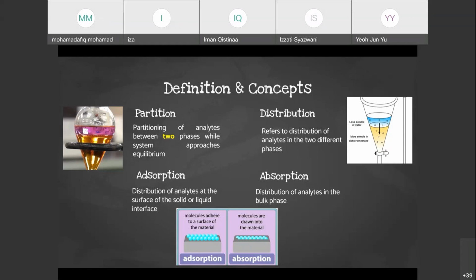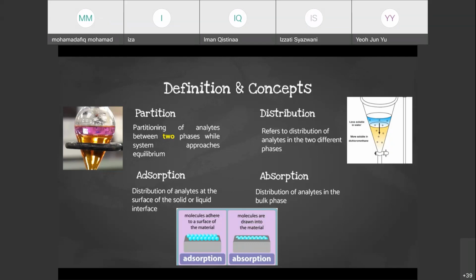And there is also absorption, the distribution of analyte in the bulk phase. Here it does not say solid or liquid, it can be either, but the phase must be bulk, meaning it has to go into the material. So that is partition, distribution, adsorption and absorption.